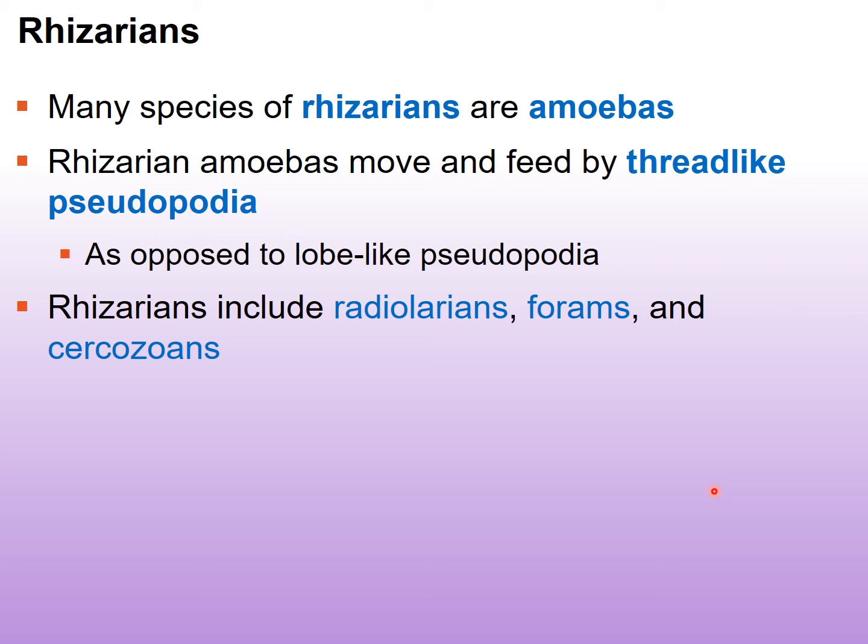Now, some of the rosarians have thread-like pseudopodia, and some of them have lobe-like pseudopodia. So the rosarians include three subgroups, and this is the radiolarians, the foraminifera or forams, and the cercozoans. So let's take a look at those.